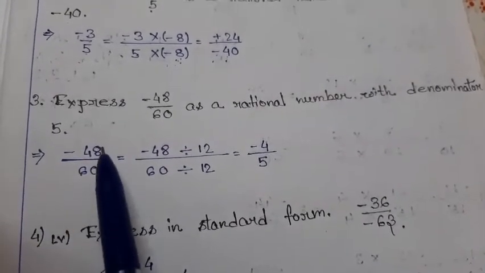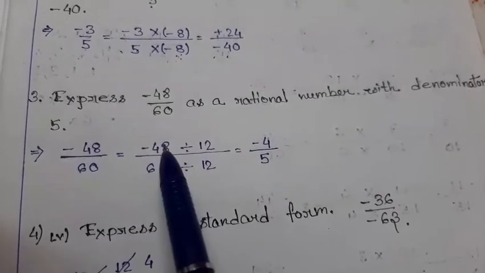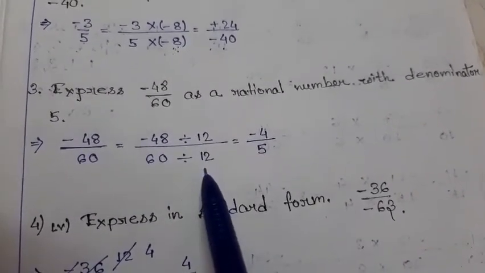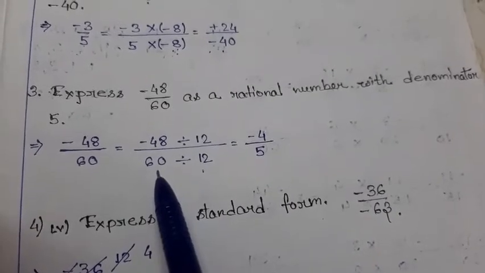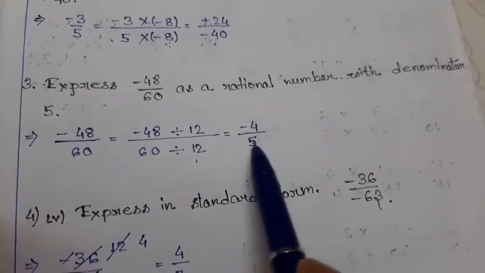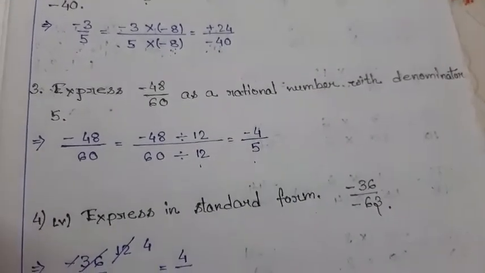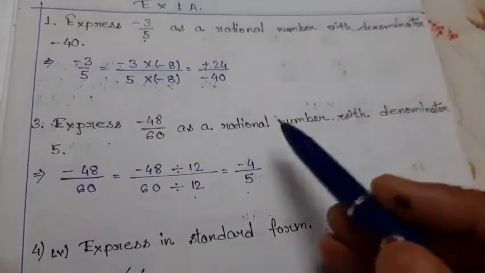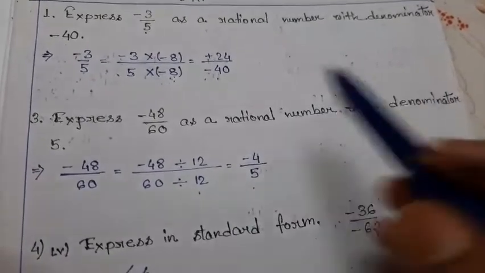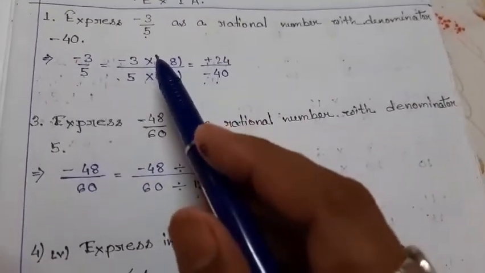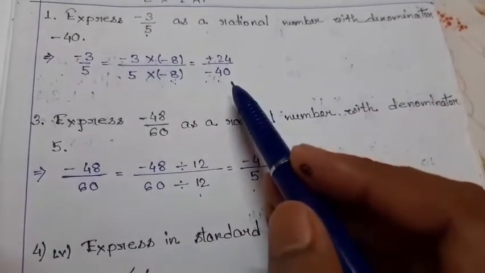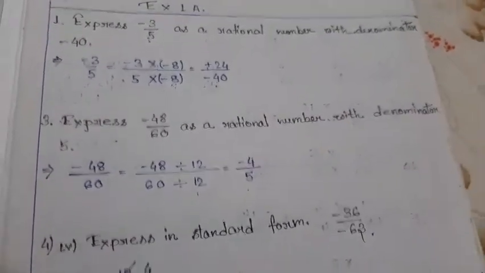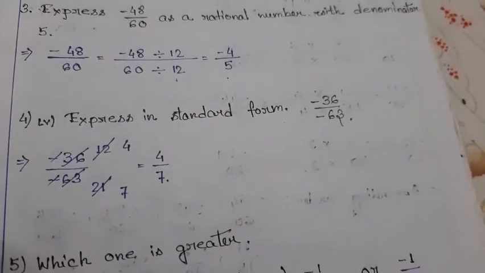So for minus 48 by 60, we divide both the numerator and denominator by the same number, 12, because we have to convert the denominator into 5, and the answer will be minus 4 by 5. In these two processes, we can change any numerator or denominator into another numerator or denominator given in the question.